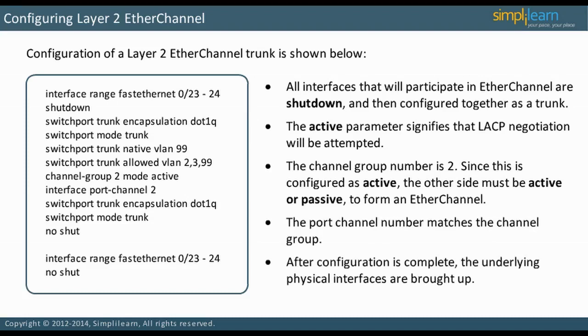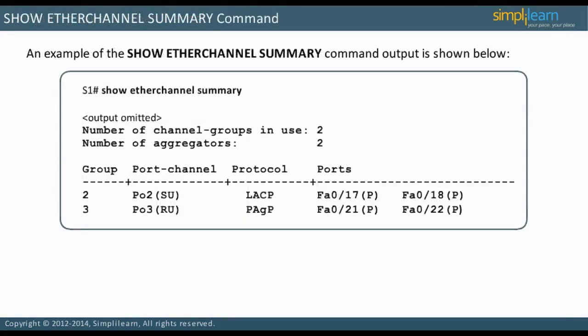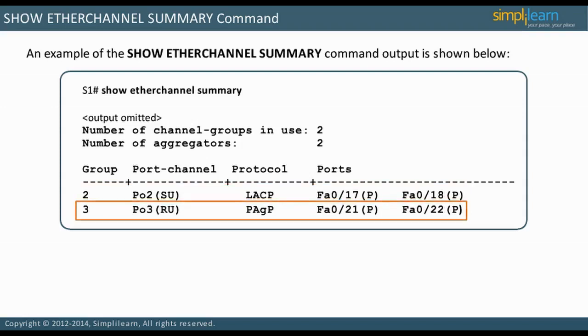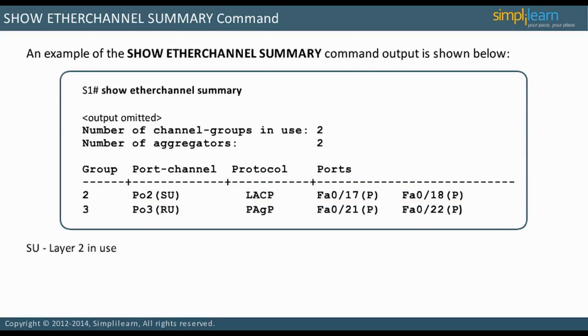In the next slide, let us discuss the show etherchannel summary command. An example of the show etherchannel summary command output is shown on the slide. In the output, there are two channel groups. One is a Layer 2 EtherChannel negotiated with LACP, and the other is a Layer 3 EtherChannel negotiated with PAgP. The letters SU mean a Layer 2 channel is up and in use. Here it comprises two ports, Fa0/17 and Fa0/18.